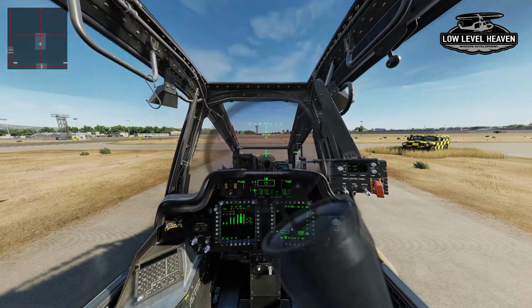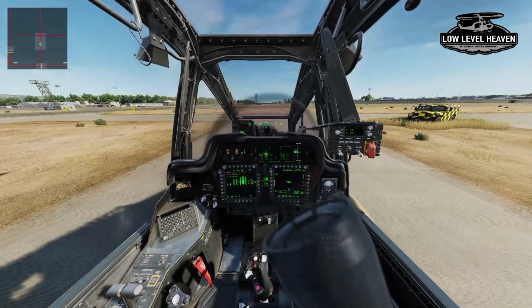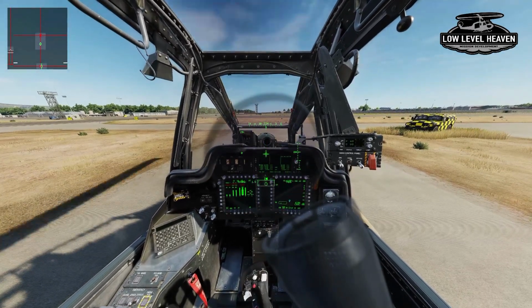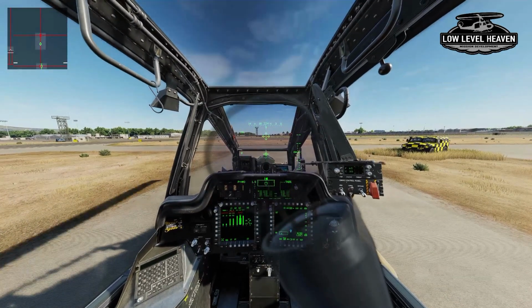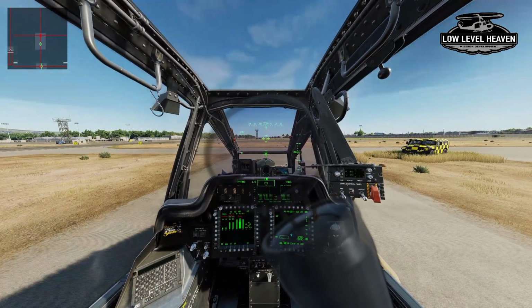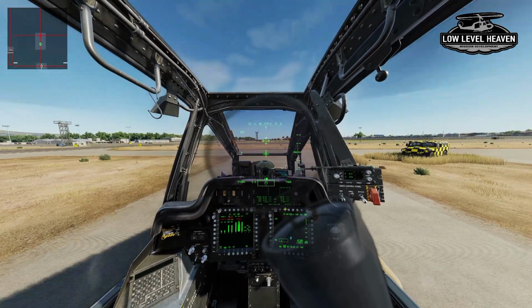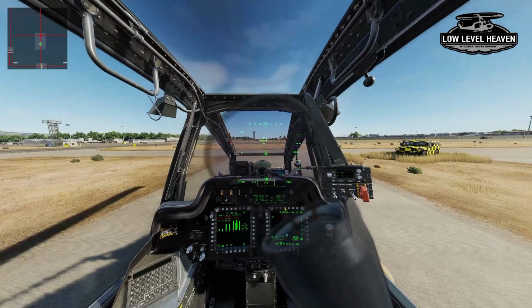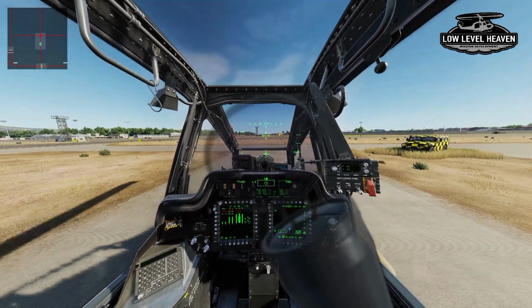So everything has to be done nice and slow, and take your time. And it's a lot of fun if you master these helicopter parts below 50 knots and below 50 feet. It's a lot of fun to do so, even in the Apache, which is not really its purpose. Let's say it that way.